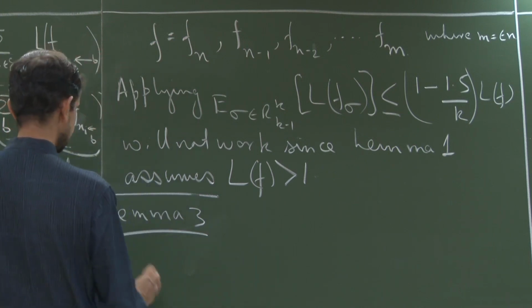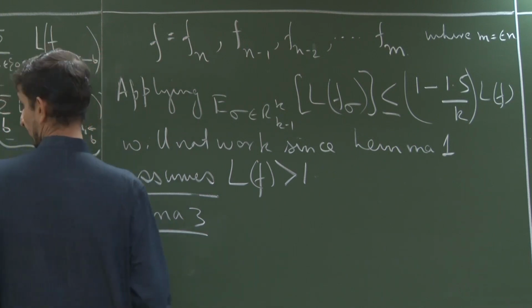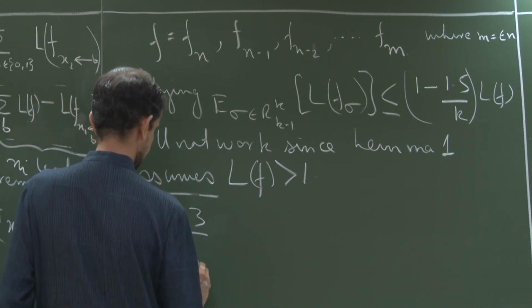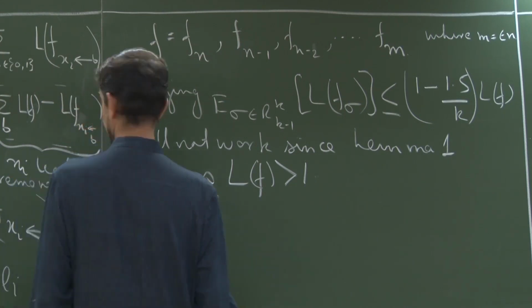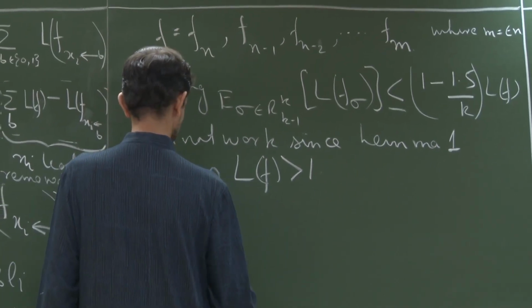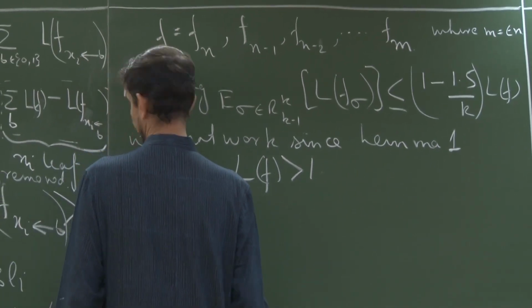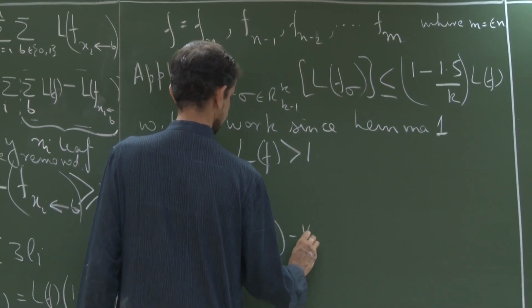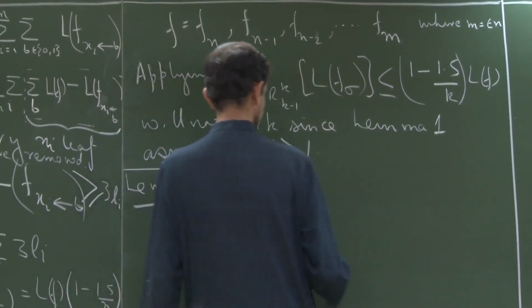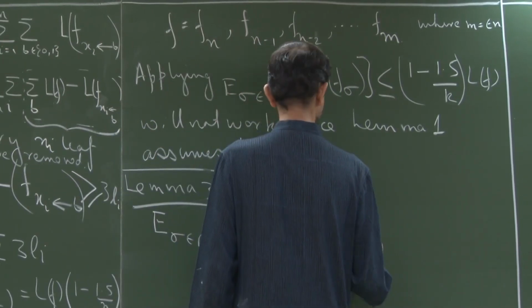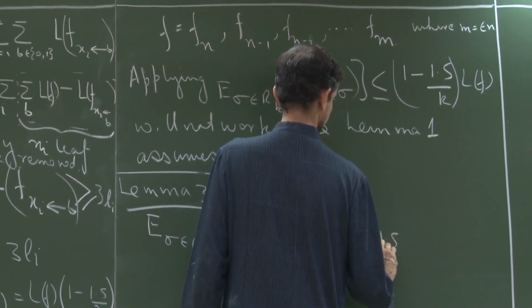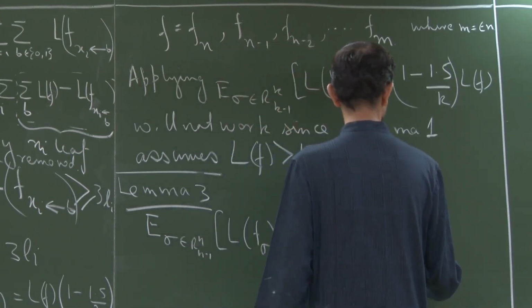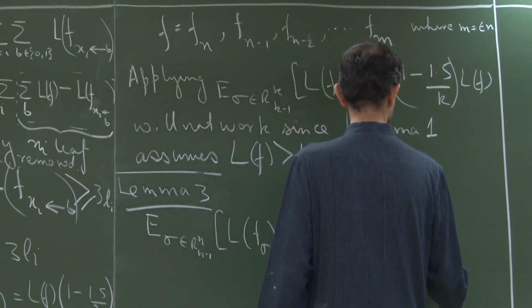So, what we will prove is that the expectation over sigma in R n n minus 1 of L of f sigma minus 1/3 is at most 1 minus 1.5 by n times L of f.